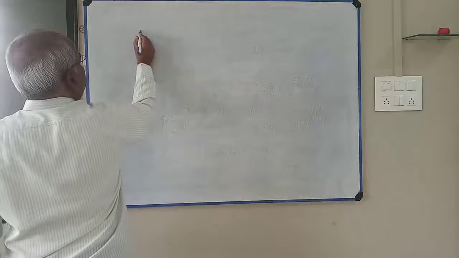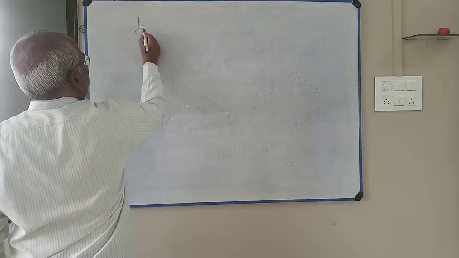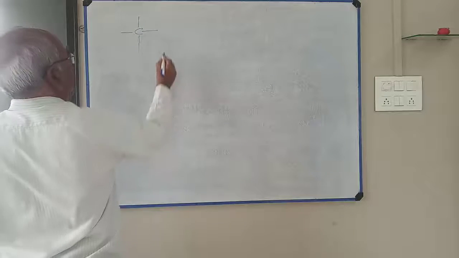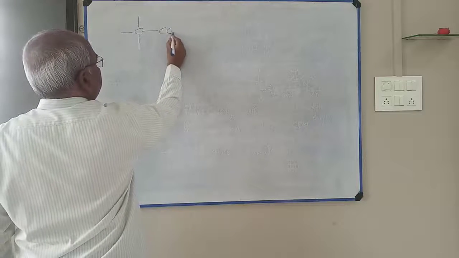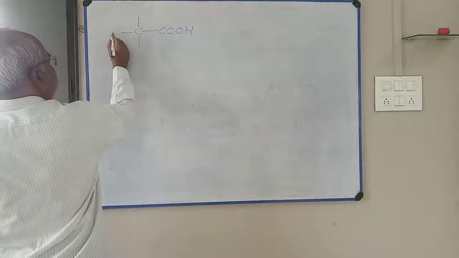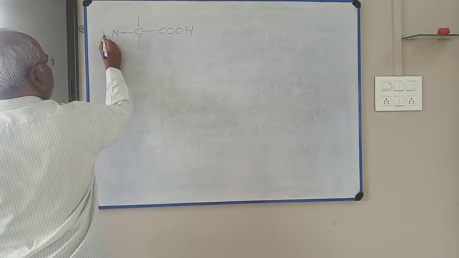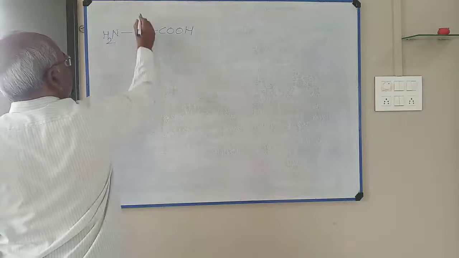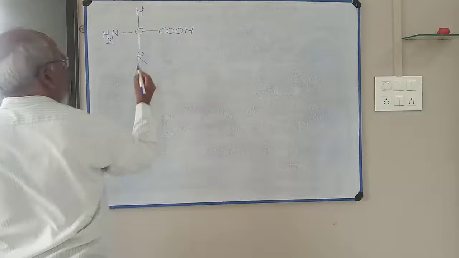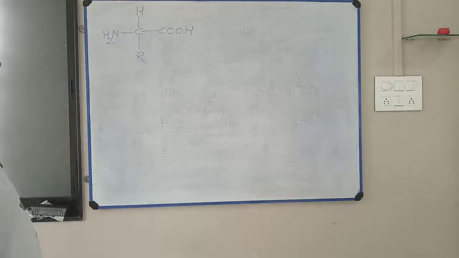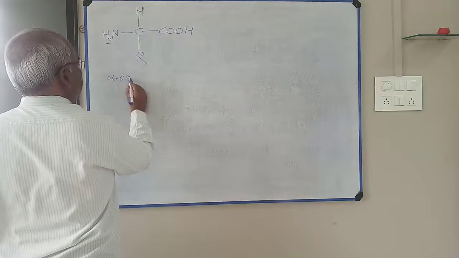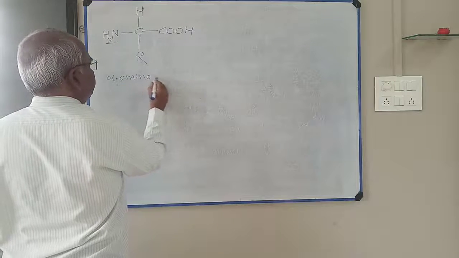I write here carbon atom, tetravalent carbon. Here is COOH group. Here is amino group. Here is hydrogen and here is R. This is alpha amino acid.